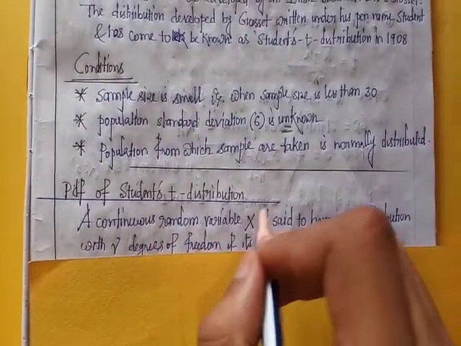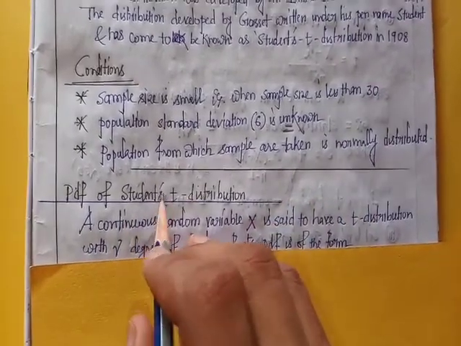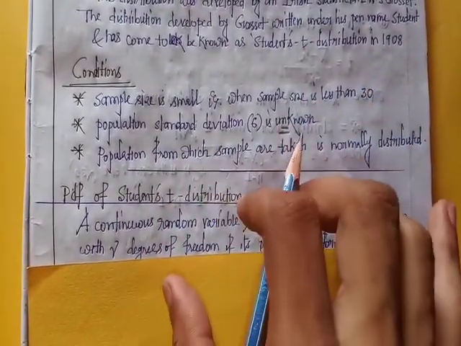A continuous random variable x. Student t distribution is also a continuous distribution.